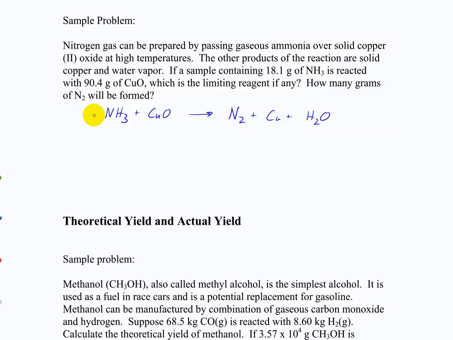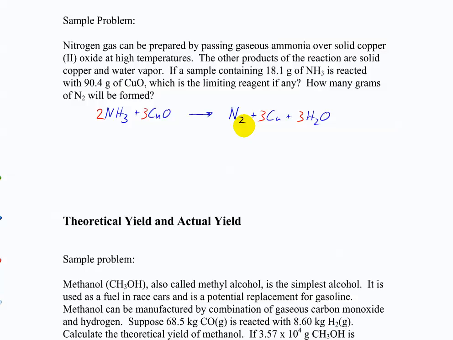So to balance this, we need to balance the nitrogens and then the hydrogens, so 3 of those, right? And then 3 of these, 3 of those. Does that look good? Yes.